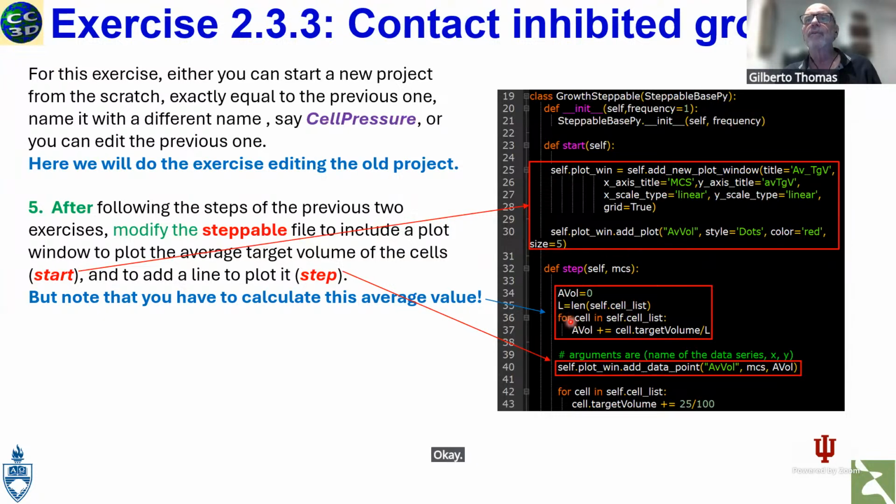Then I go over the cell list, and I increment the AVOL variable by the target volume of the cell that is in that list divided by L. Did you get this part?